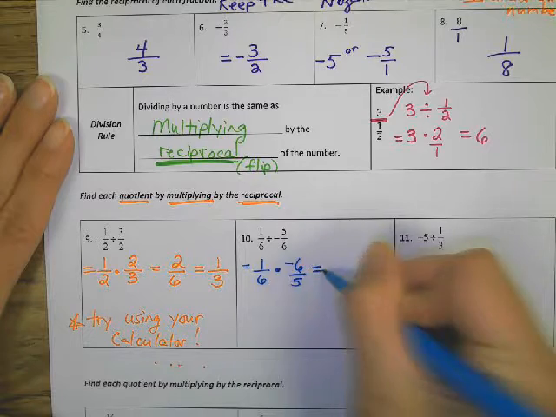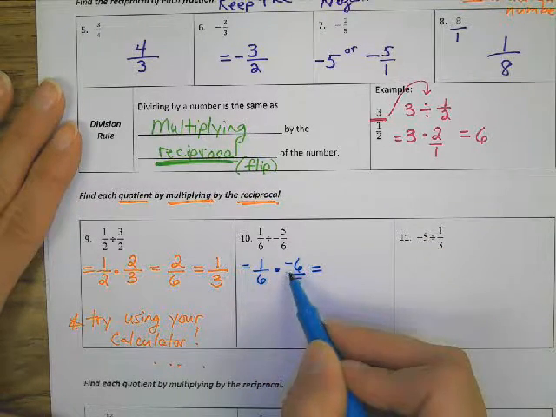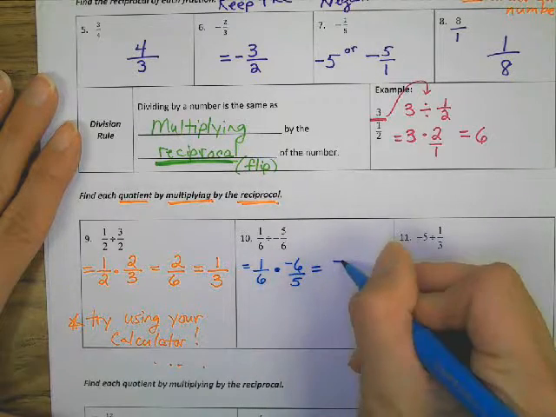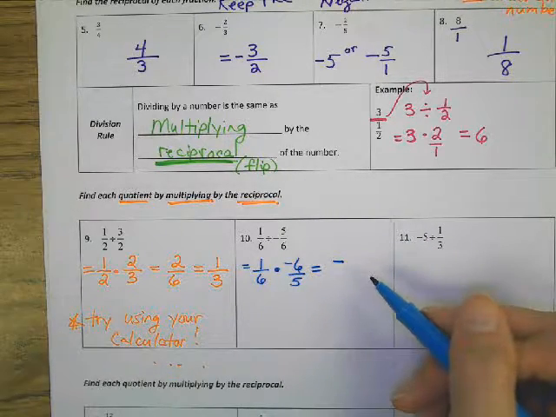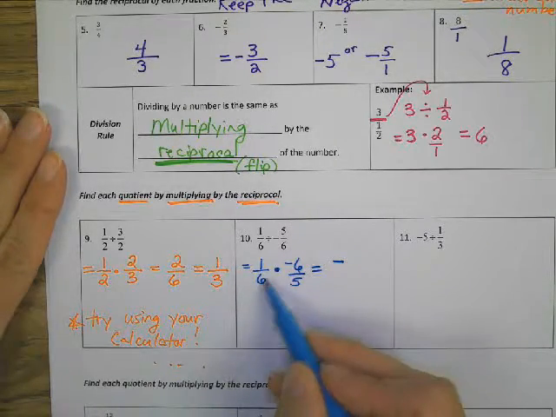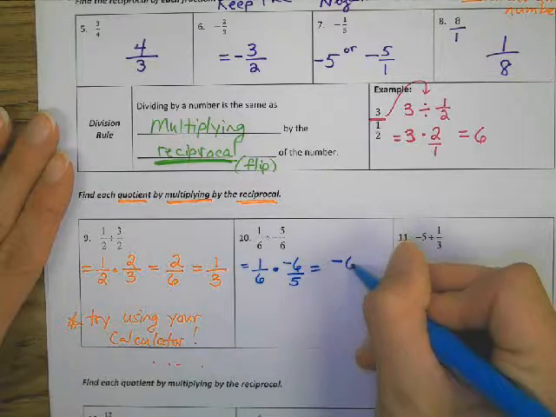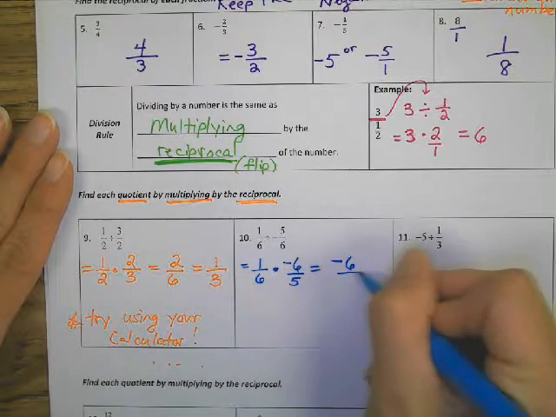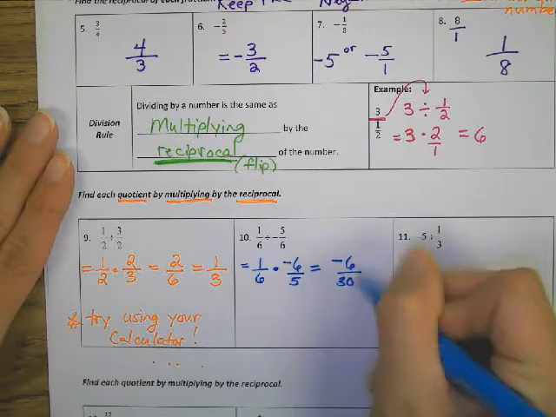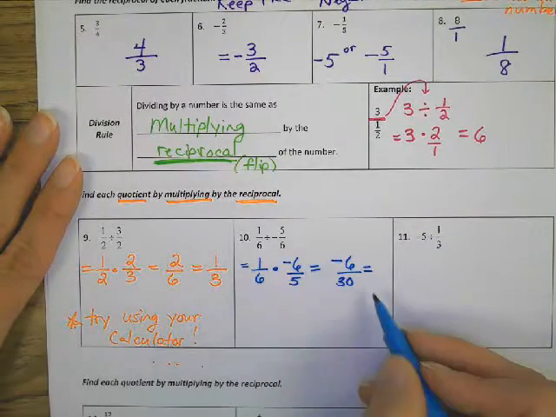The answer is negative. Now I got to figure out the fraction. Did you guys know that you could cancel numbers? Or you could do -1 times 6 is 6. 6 times 5 is 30, but now we're going to have to reduce this. If you use your calculator, I believe it automatically reduces it for you. The answer is -1/5.